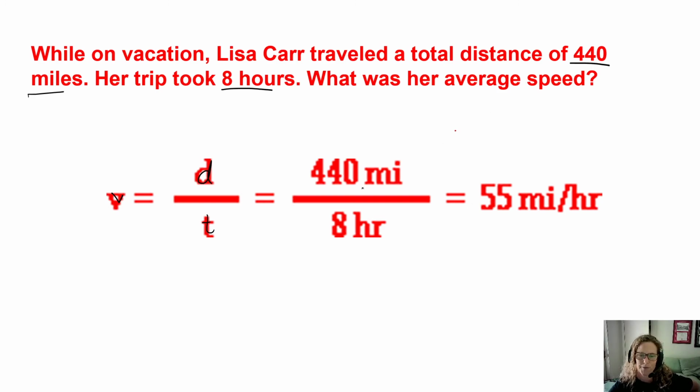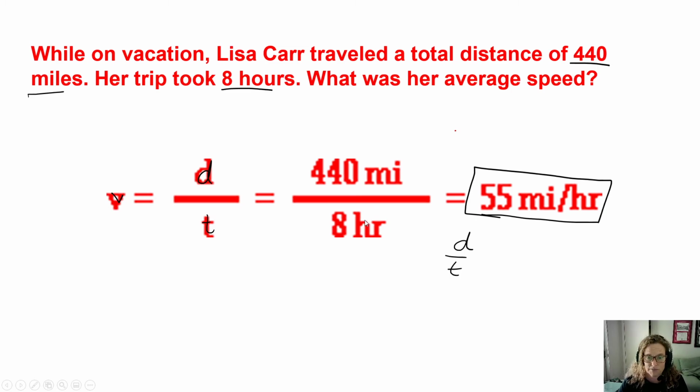So 440 miles and it took 8 hours, and that's going to give us the speed of 55 miles per hour. So remember, speed is always going to be a distance over a time. Miles is a distance, hours is a time. So that makes sense. So all of these problems are going to have a component of making sense, and make sure your units match each other and make sense.